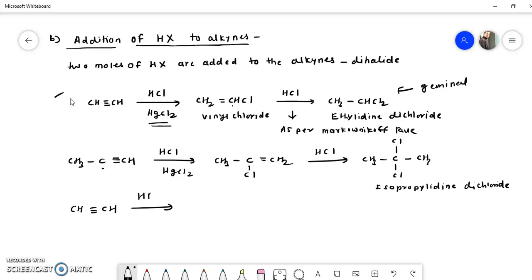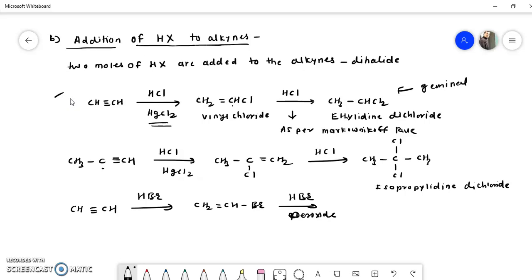Now consider the same reaction in presence of peroxide, now with HBr. Okay. So in the first case, there is a formation of CH2 double bond CHBr, and the second mole, if we use a peroxide here, then the addition does not take place as per Markovnikov rule.